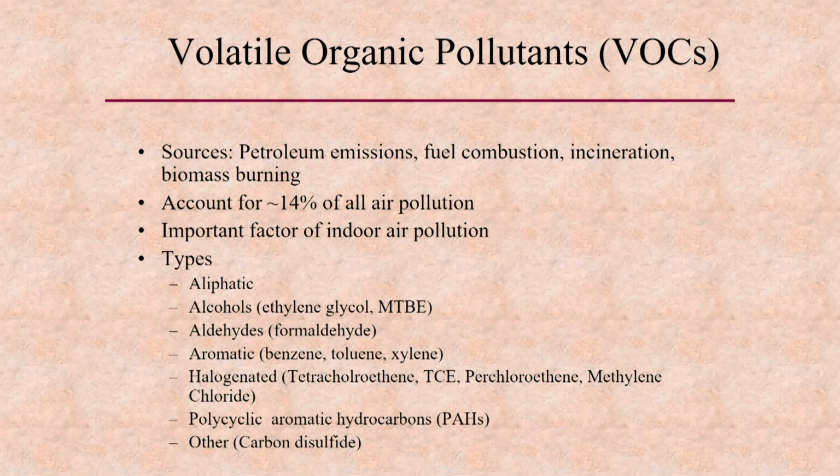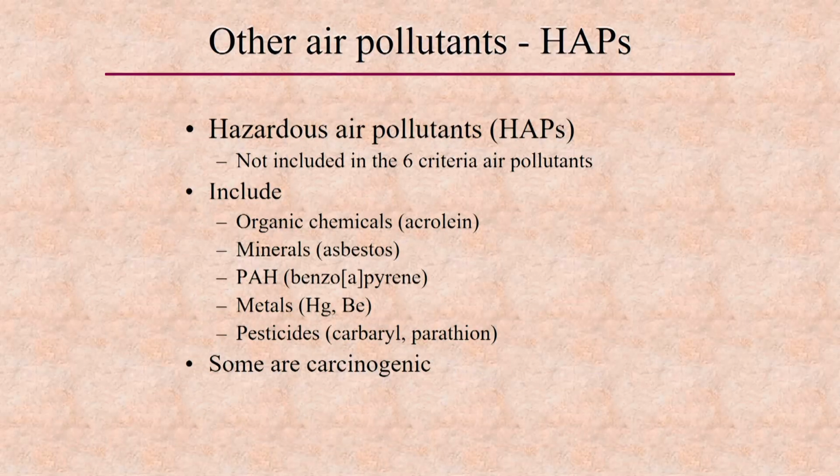VOCs are of course studied in the outdoor environment, but they are more present in the indoor environment. There could be different types: aliphatic hydrocarbons, alcohols, aldehydes, aromatics, halogenated compounds, polycyclic hydrocarbons, and others such as carbon disulfide. There are so many volatile organic compounds. I suggest you read about these as well.